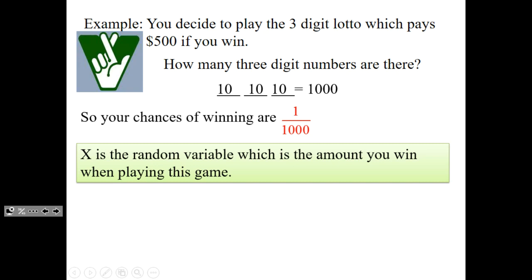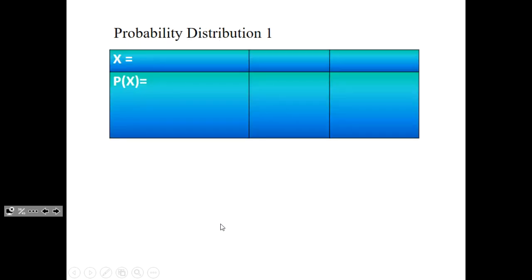If winning, you win $500. So think about what it looks like if you get winnings. Take a moment, jot down what you might get. What's our x? X is our random variable, representing the amount you win. Well, in this case, it might look like this. X is the amount you're going to win, and then P of x is the probability you win that amount.